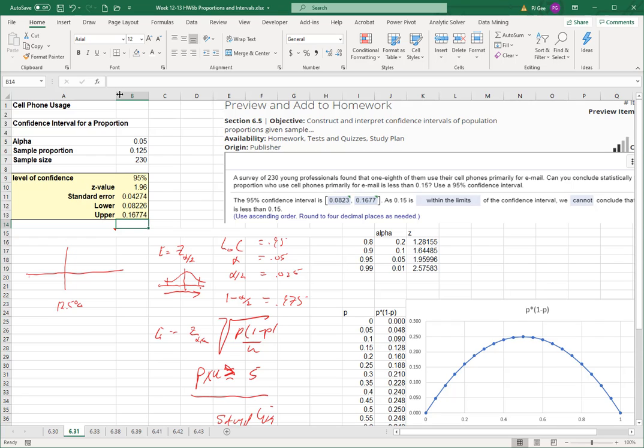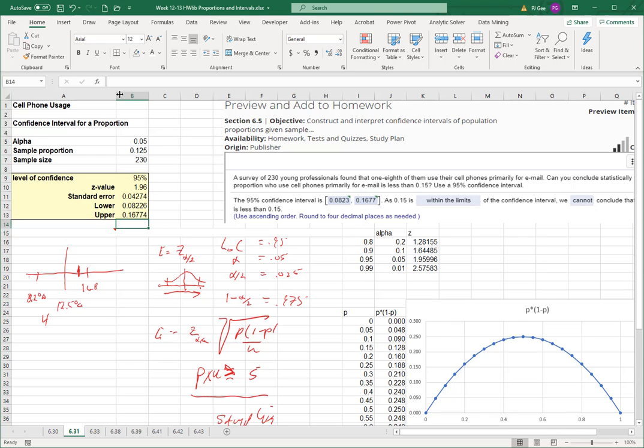It goes down to 8.2%, that's about a 4% difference, about what we have here. And it goes up to 16.8%. So again, we have this 0.15 ending up right here.